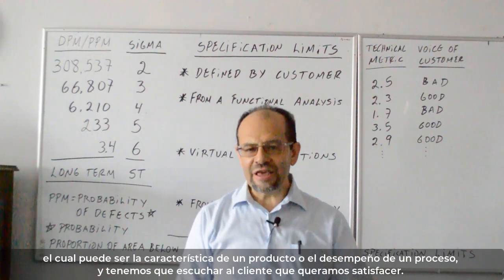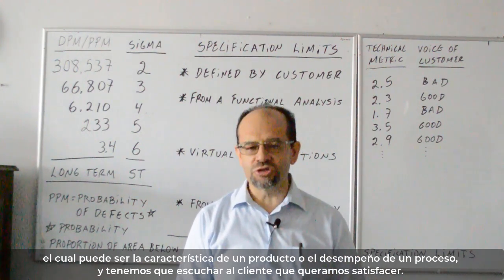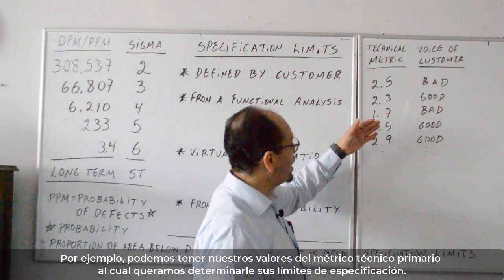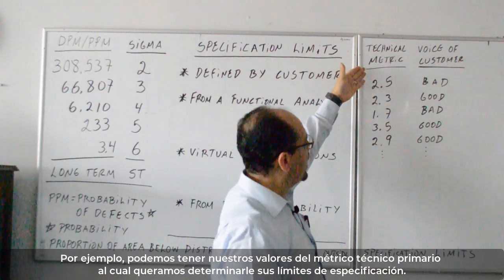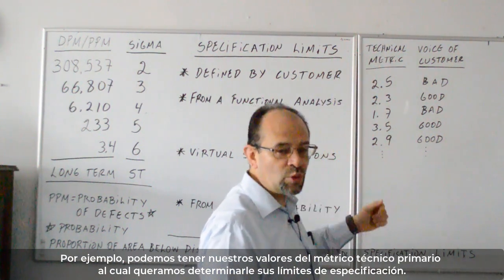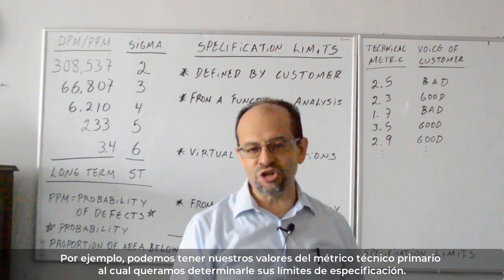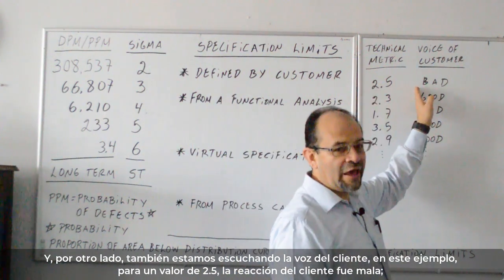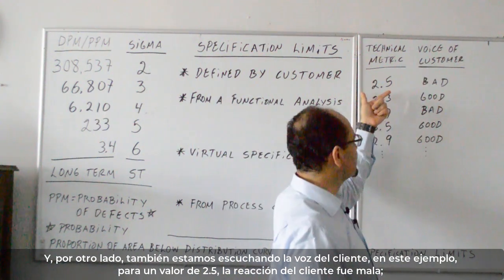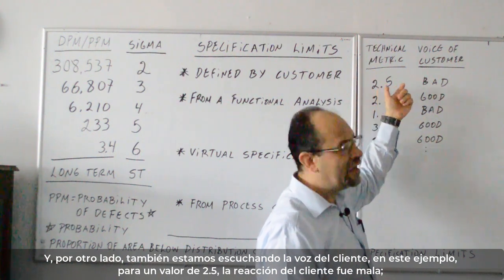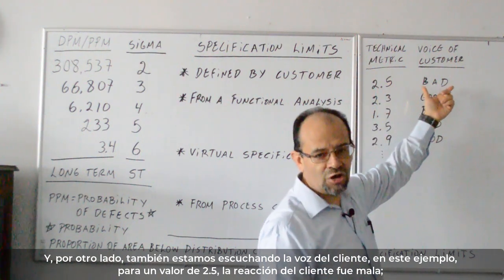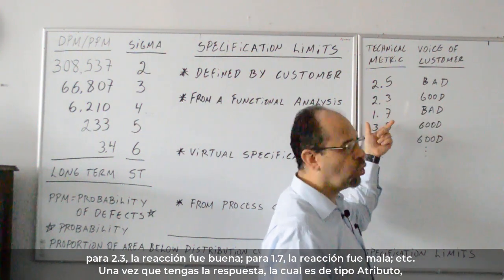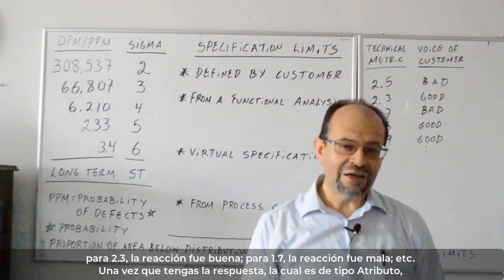We have to observe the reaction of the person we want to satisfy. For instance, we have a technical primary metric and we have the values for which we want to determine the specification limits. At the same time, we listen to the voice of the customer. In this example, we have a value of 2.5 and the customer's reaction was bad; 1.3, the reaction was good; 1.7, bad; and so on.